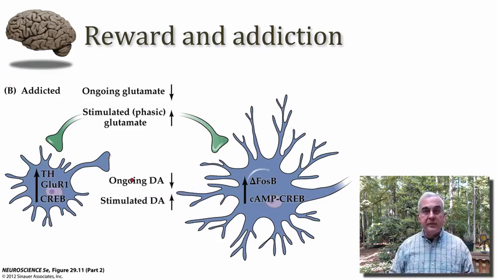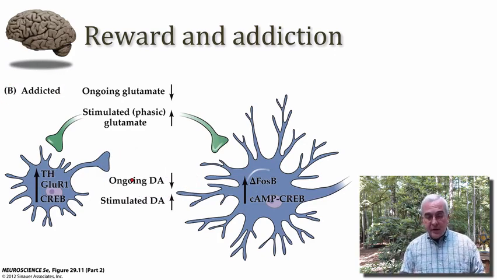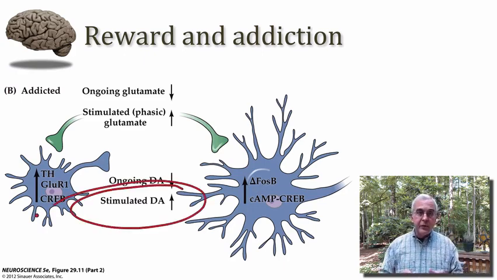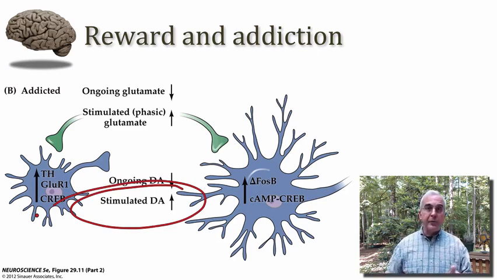What we find in the addicted brain is that the release of dopamine is increasingly tied to the prediction of consuming the substance of abuse or experiencing the situation that is intended to provide for that reward.